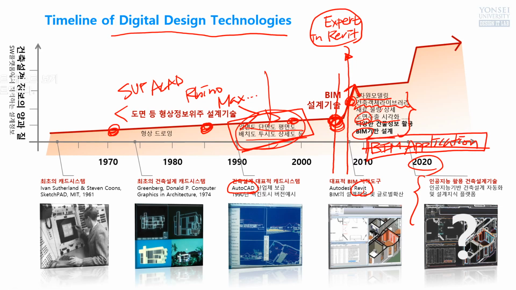Anyway, BIM applications include a lot of applications enabled by using BIM. For example, solar study, energy analysis, architectural program review, area calculation or something, circulation checking, code checking, code compliance checking, and so on.